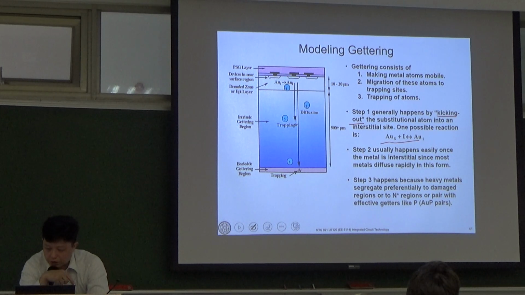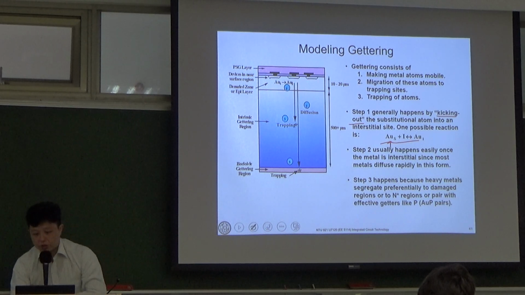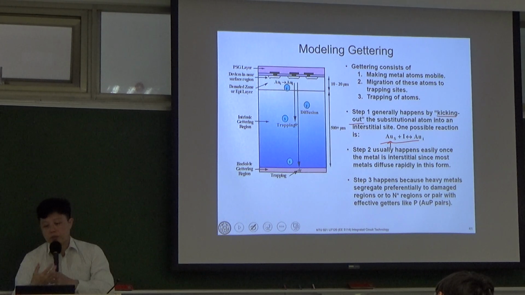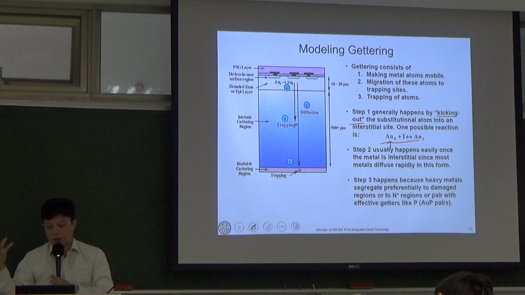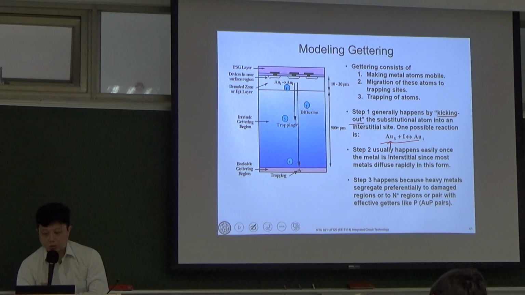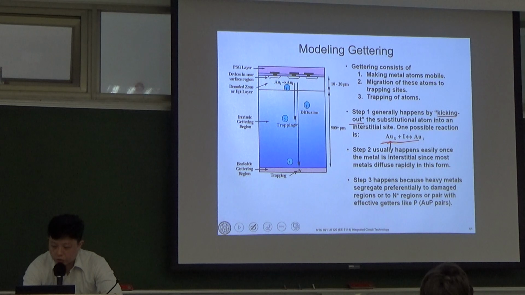This is one possible reaction: a substitutional gold combines with an interstitial silicon, and they switch positions. Now the gold becomes interstitial and can begin to move around. That's the first possible reaction.